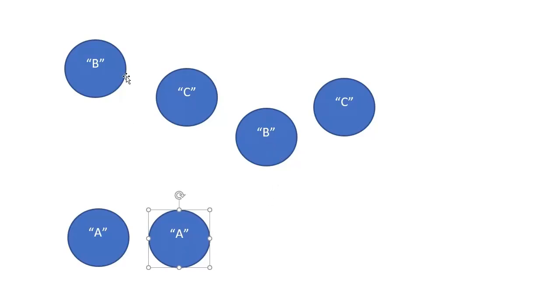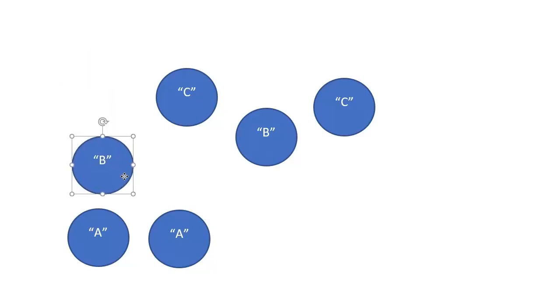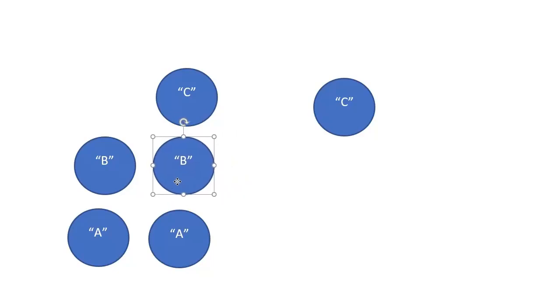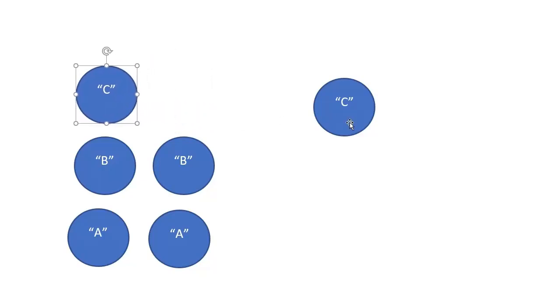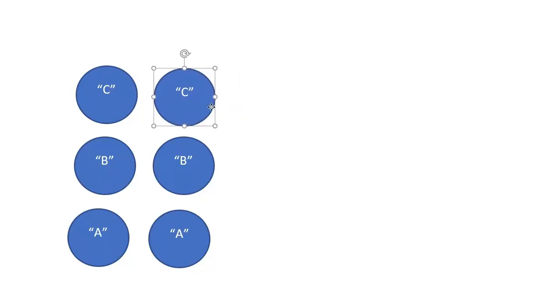Then I'm going to take this student here with a B, and I'm going to match them up to this student here that has a B, and finally the C's. Okay, so you match. So this is using current educational achievement.